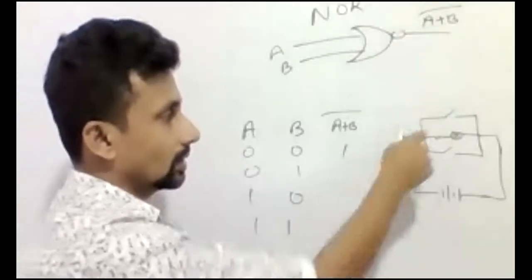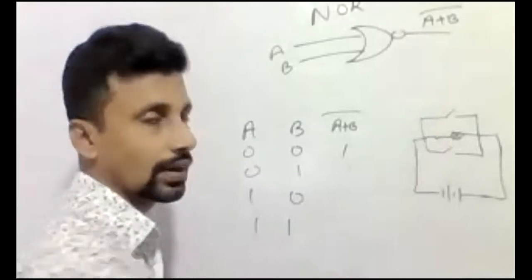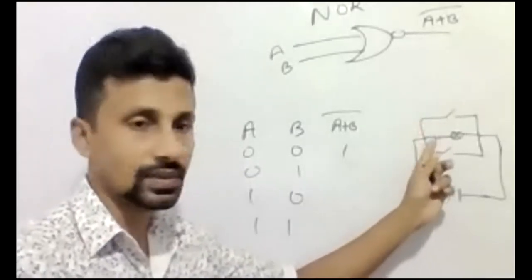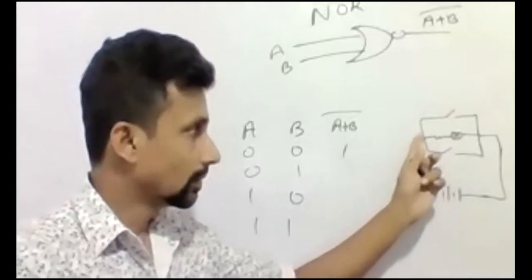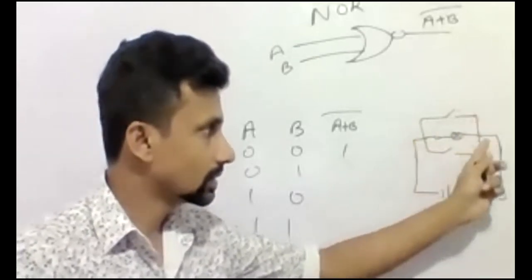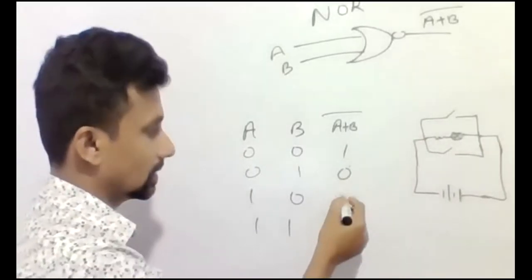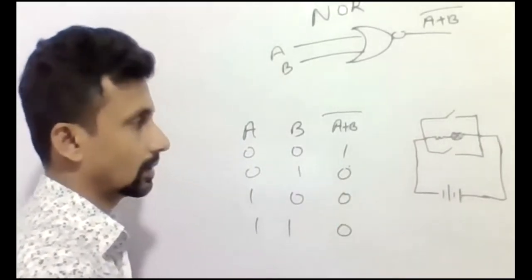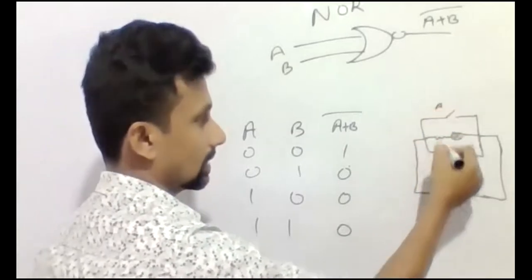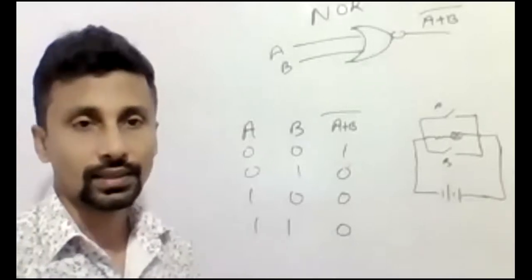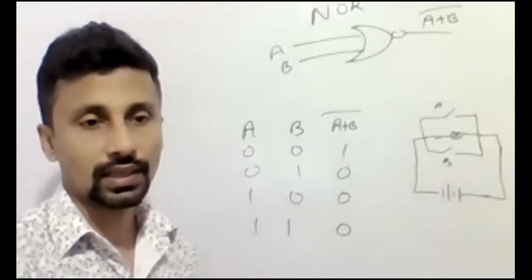When a switch is on, the current goes the path which has less resistance. Because of this resistance, the current flows this way, so your bulb won't work. So it becomes 0. So these all become 0, right? These are the two switches, A and B. Actually it is the other side of the OR gate. Okay, take it down quickly.